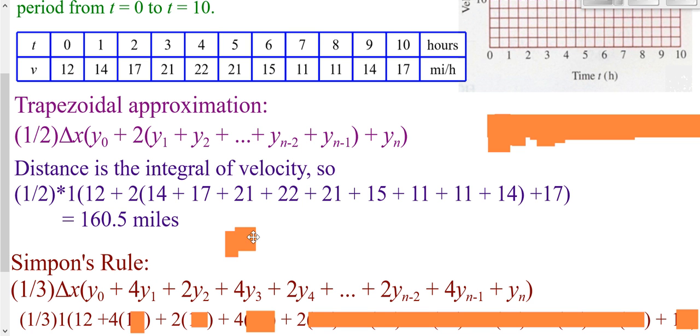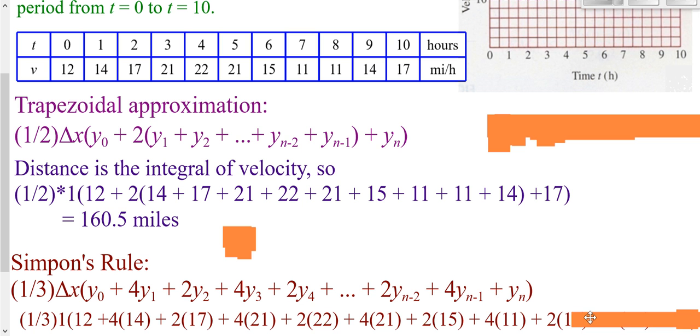Then plus 4 times your next height, so that's 4 times your 14, plus 2 times the next height, so that's 2 times the 17, plus you repeat going 4 times your next height, plus 2 times your next height, plus 4 times the next height, and you keep doing that, except your last one, which would be our 17, you don't do anything to. It's not doubled, it's not multiplied by 4.